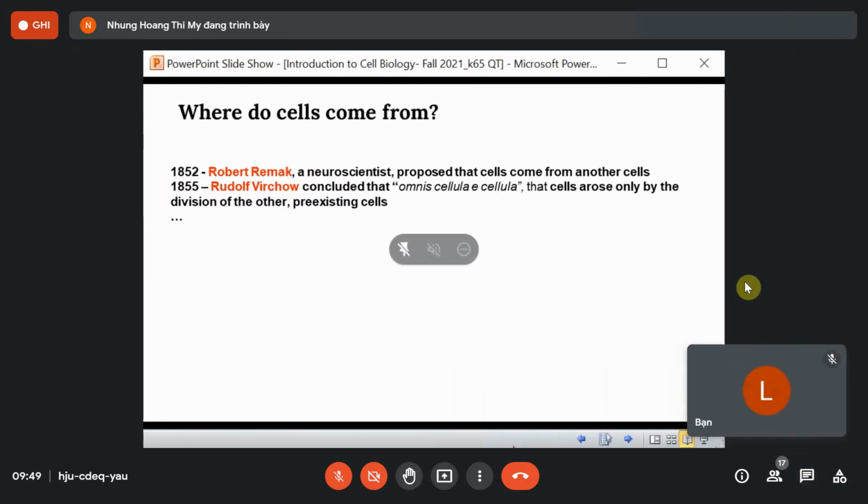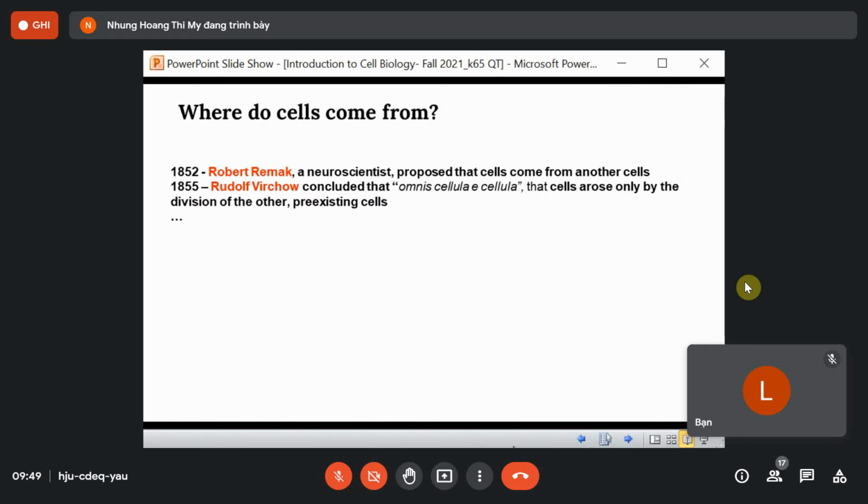Cells come from organisms. Okay. Yeah, it's also right, but can you say more correctly which way the cell comes, where does it come from? Of course, from organisms, but just think about our bodies.